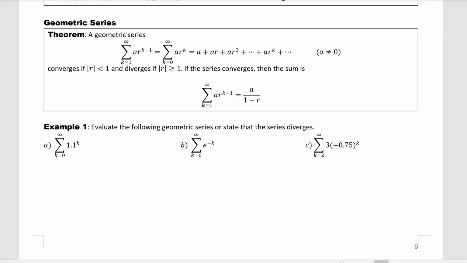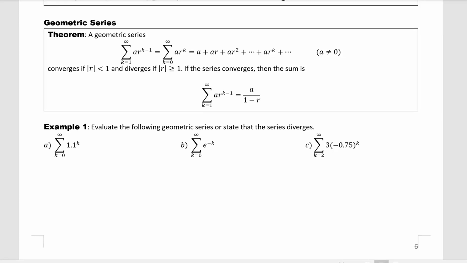This geometric series converges if the absolute value of the ratio r is less than 1, and the series diverges if the absolute value of r is greater than or equal to 1. If the series converges, then the sum is this.